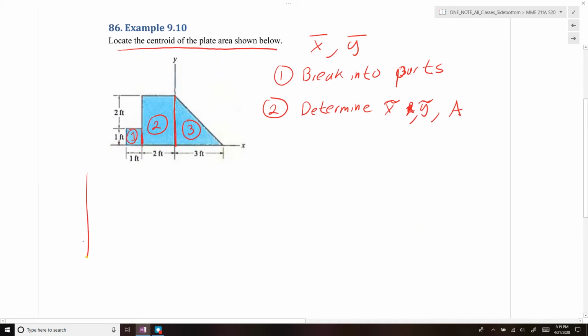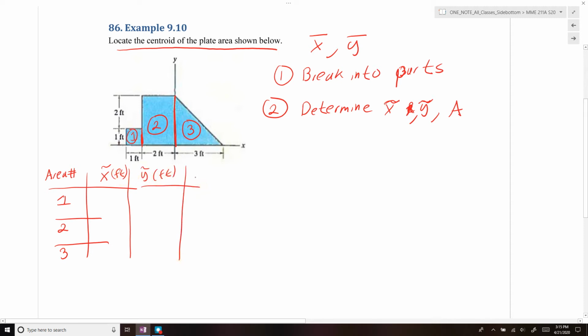We're going to have our area number, area number 1, area number 2, area number 3. We're going to have x tilde for that area, y tilde for that area, and the total areas in feet squared.